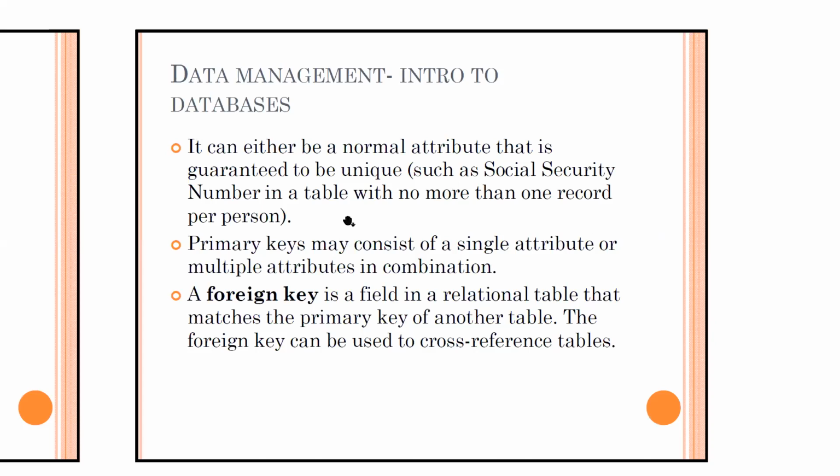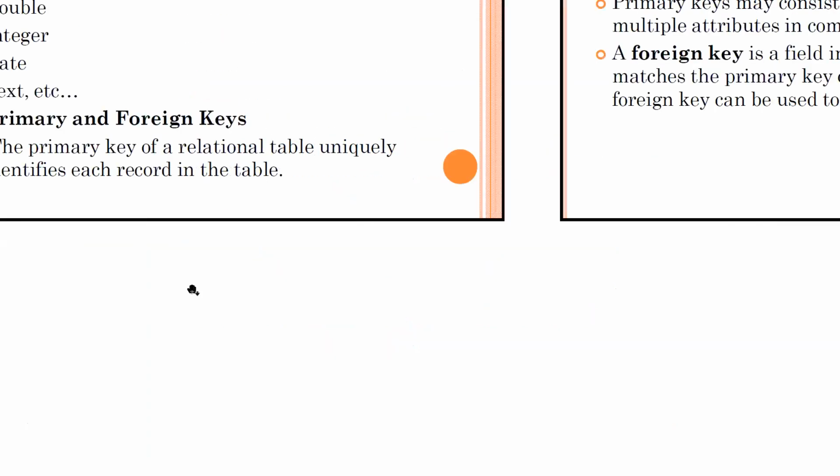Right, so like I said, the foreign key is a field in the relational table that matches the primary key of another table. When you take an example, customer table, we get to that point. You understand? I'll finish the lecture soon.